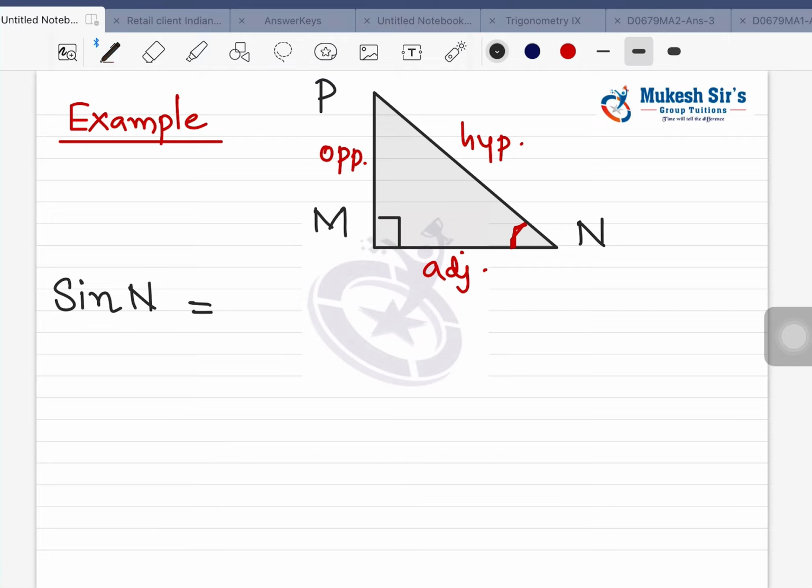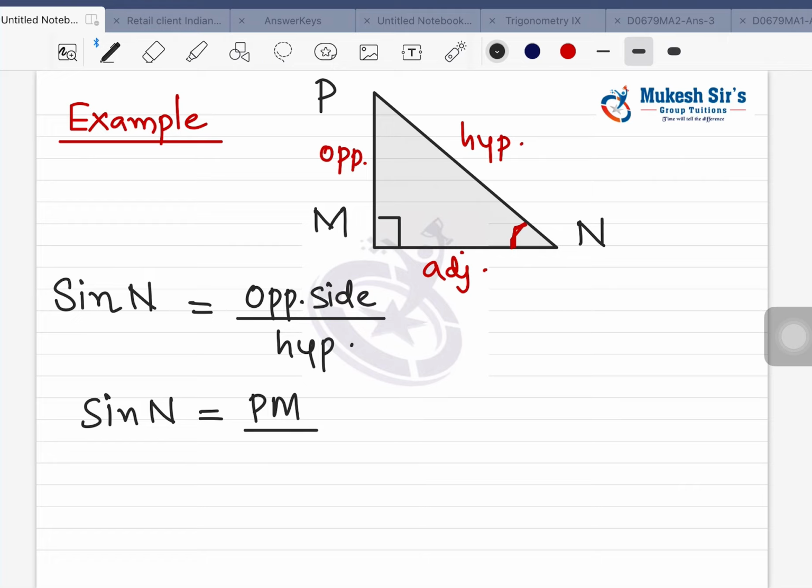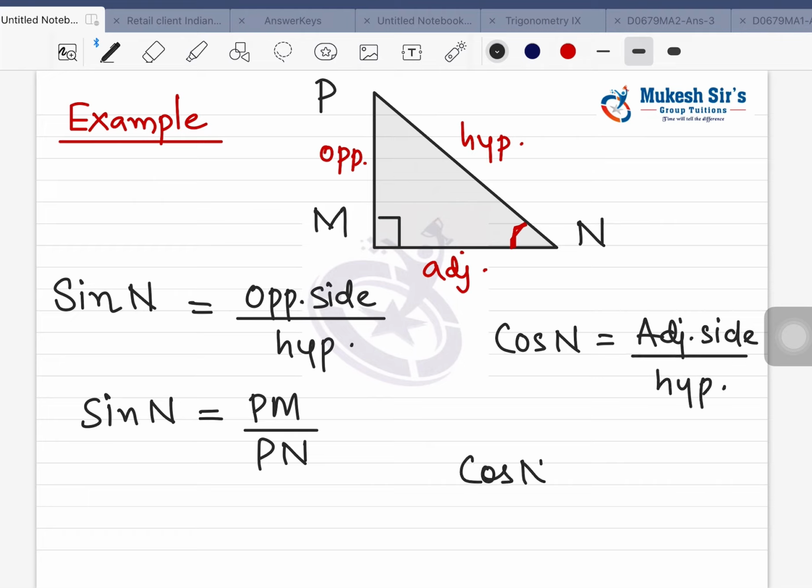So tell me all the three ratios. Sine N is equal to the opposite side of N upon hypotenuse. So the value of sine N will be equal to the opposite side PM upon the hypotenuse PN. Is that clear? Then find cos N. Cos N will be equal to the adjacent side of N upon hypotenuse, that's your formula. So cos N is equal to the adjacent side MN upon the hypotenuse PN.